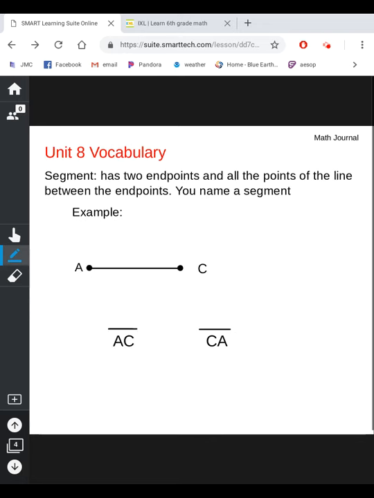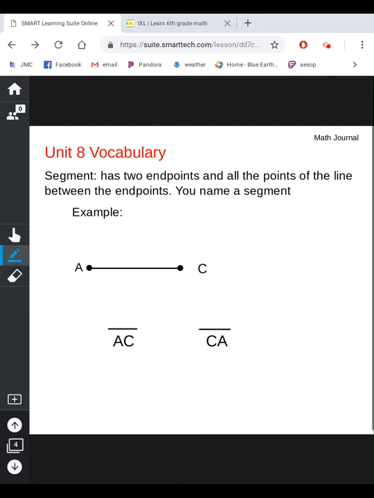Our next vocabulary word is a segment. A segment has 2 endpoints and all the points of the line between the endpoints. So that means that you have to use the endpoints to signify your segment.